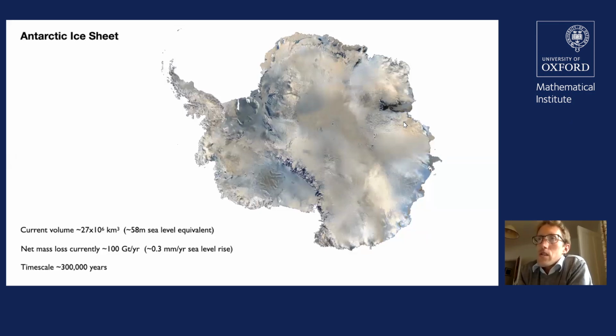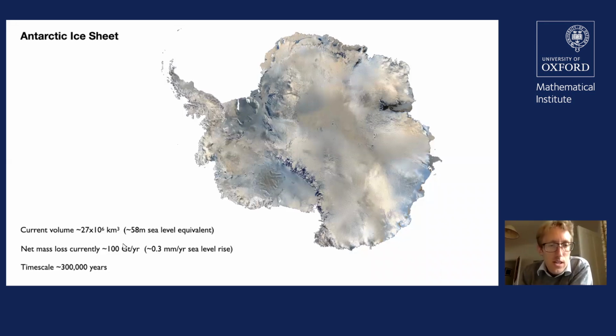Currently, Antarctica is losing mass, so the ice is melting on average at about 100 gigatons per year. That's a large number, which is probably not very meaningful. That corresponds to about 0.3 millimeters per year of sea level rise. If you spread it out over the whole Earth, the way that sea level rise works is not quite like that, because the rise is unequal, because the continents themselves are moving up and down, partly in response to the melting of the ice.